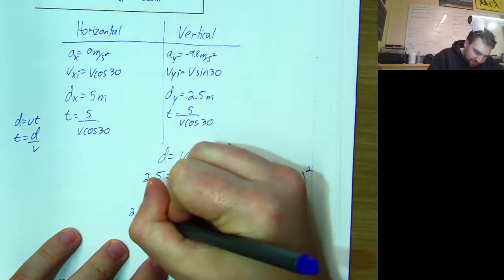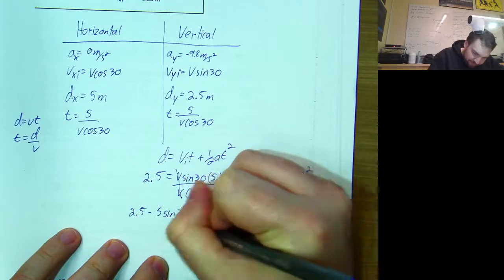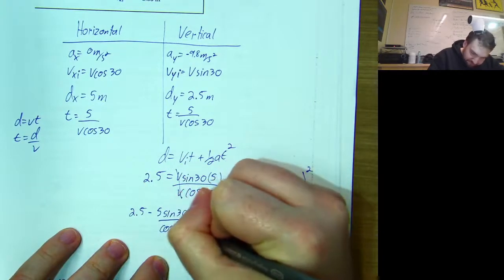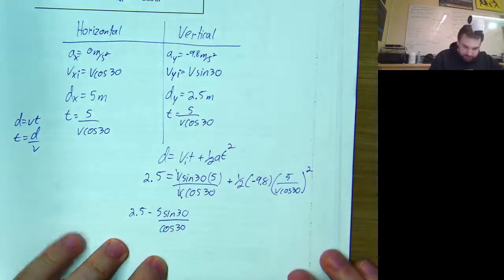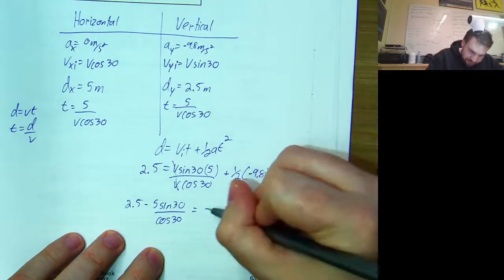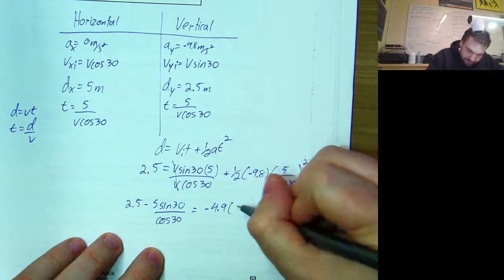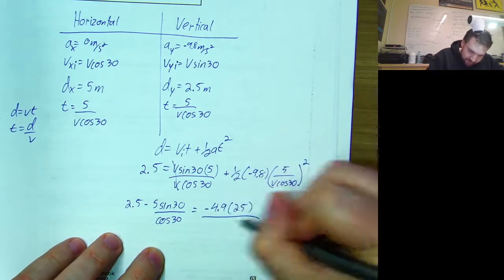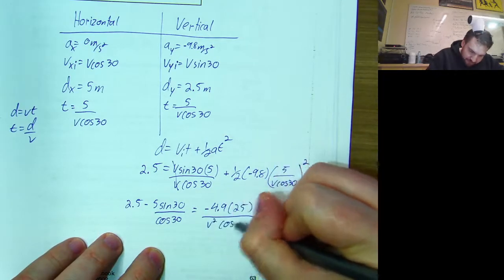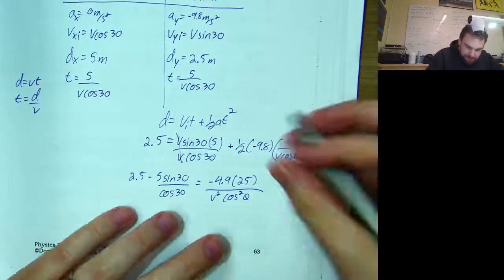So we're going to get 2.5 minus 5 sine 30 over cos 30, and that's going to equal negative 4.9 times 25 over V squared cos squared 30.